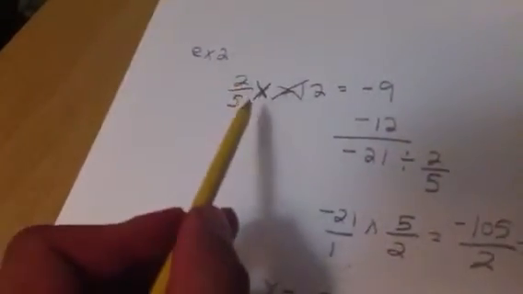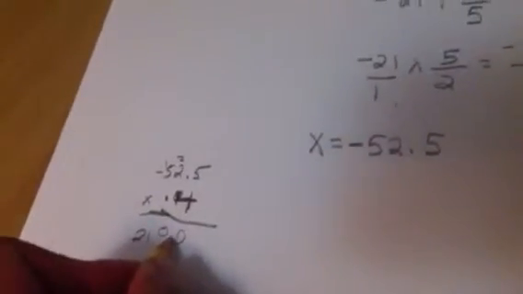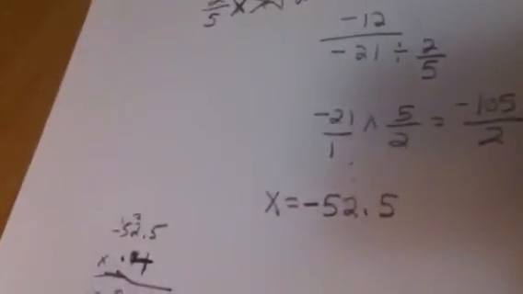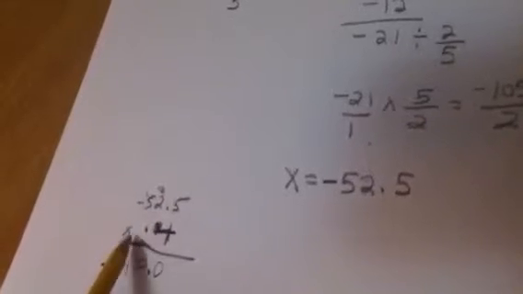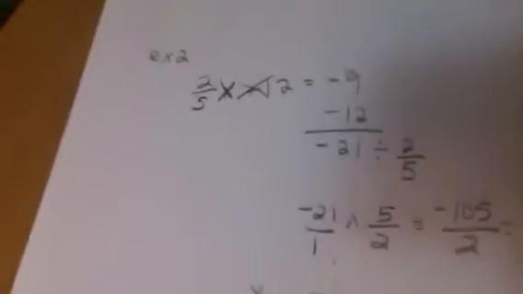I'm sorry, that doesn't look like a 4, but 0.4, because 2/5 is actually 0.4. Now let's do the calculations. 20 carry the 2, 8, 10 carry the 1, 20, 21. Decimal goes right here. So now it's going to be negative 210, because the signs are different when you're multiplying. This is a negative and that's a positive when you're multiplying. If the signs are different, the answer is going to be a negative. So now we have negative 210.